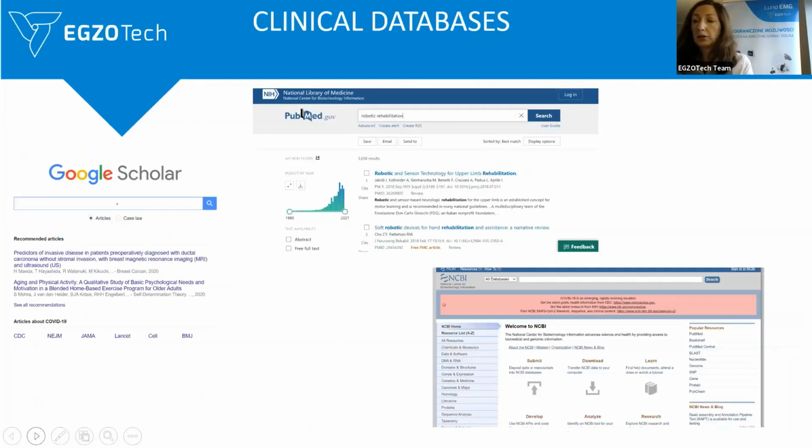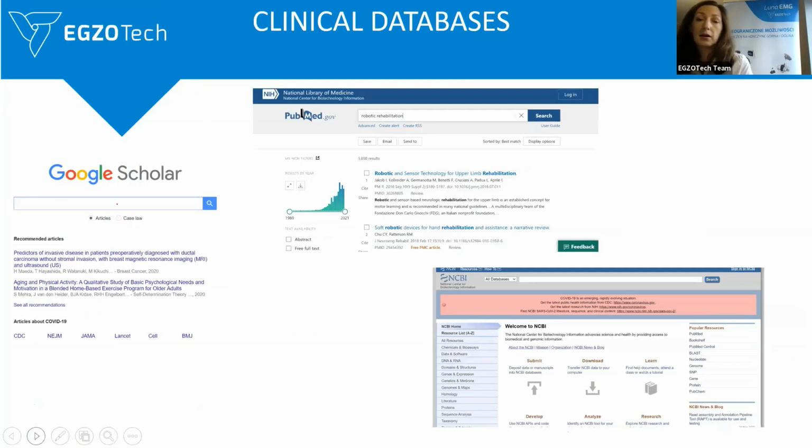There are several clinical databases from which you can collect a lot of data regarding research about many different topics, many different issues.